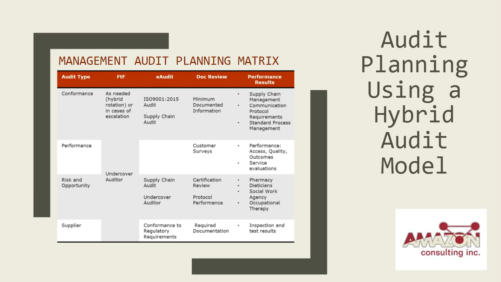We could have the face-to-face, or we could have the conformance to regulatory requirements, and do that with an e-audit. And that procurement group could be doing that and not miss an audit because of budget cuts or other reasons that are outside their control. So there's a lot of different ways that we could take a look at the quality management system just using these different tools at our disposal, and they will all work for whatever we need them to do.